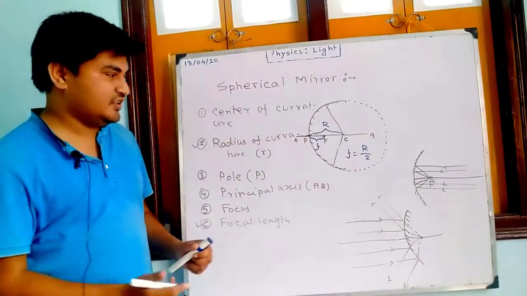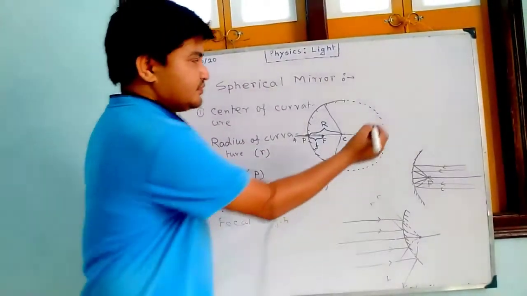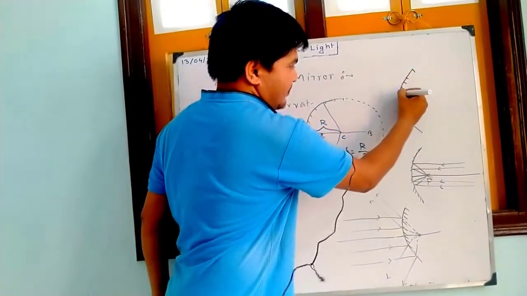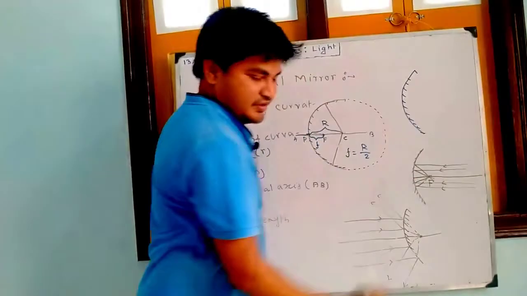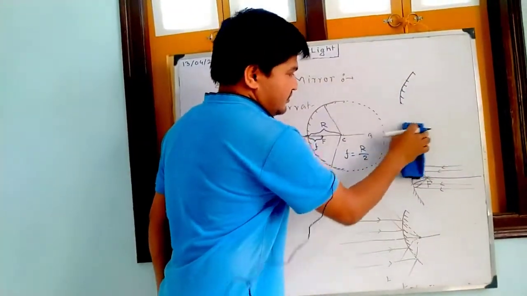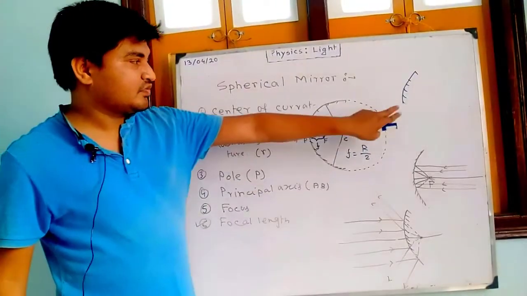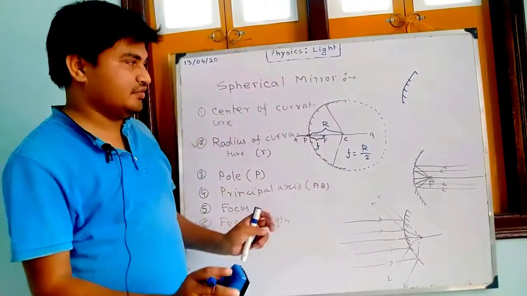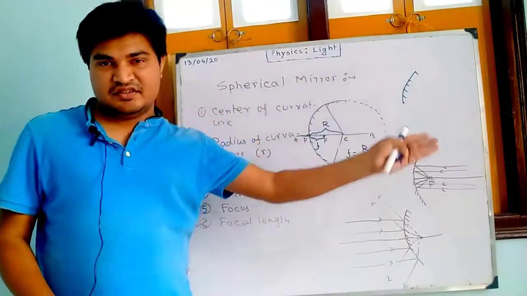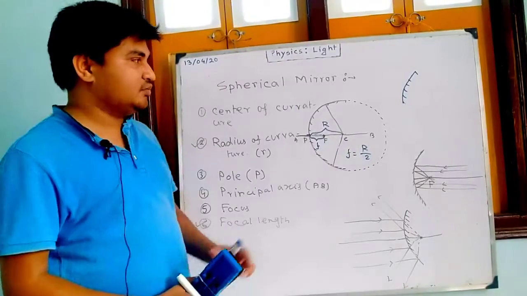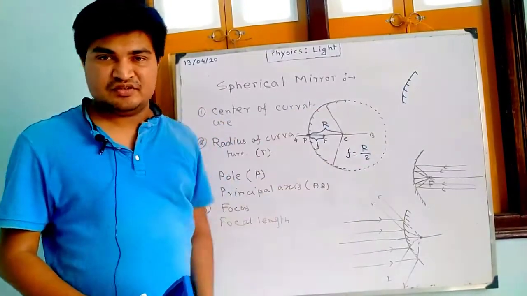And the second thing is, if I consider a curved mirror and half of the mirror is coated or chopped off, disconnected from the mirror, what will happen to the image? Is it possible to form an image?